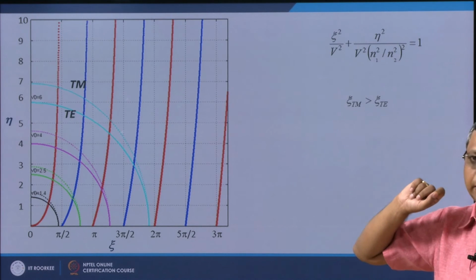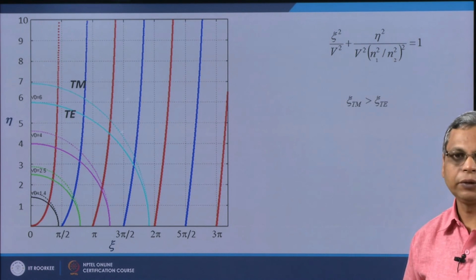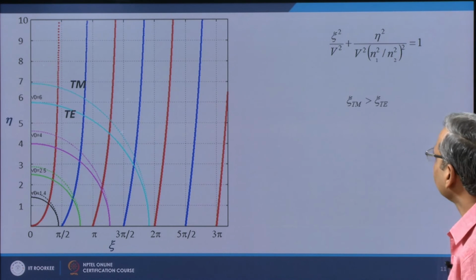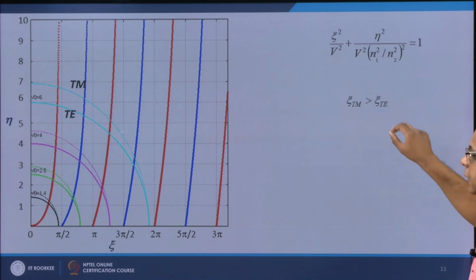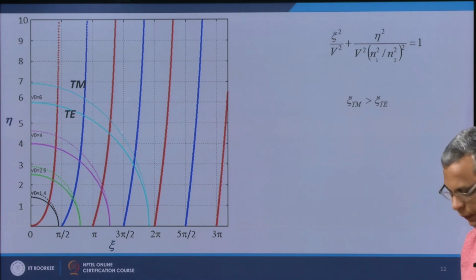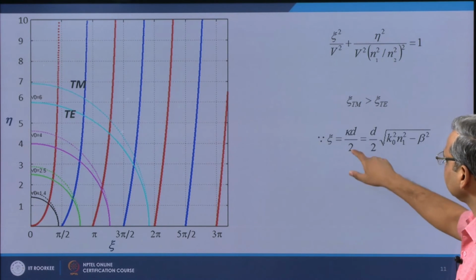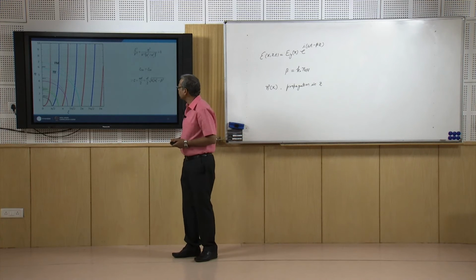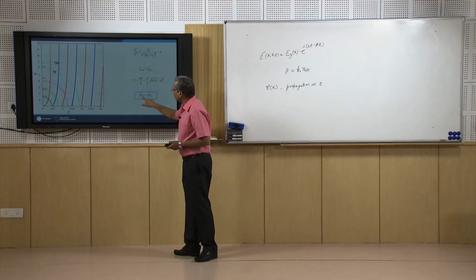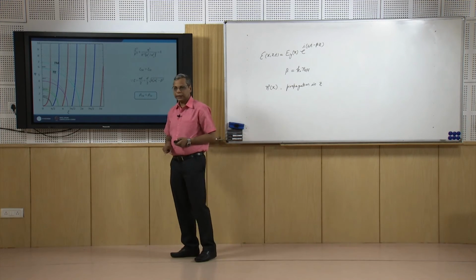So, for a given mode, whether it is m is equal to 0 or m is equal to 1 or m is equal to 2, xi for TM mode is always greater than xi for TE mode. And since xi is equal to kappa d by 2, which is d by 2 times the square root of k naught square n1 square minus beta square, beta for TM is always less than beta for TE.